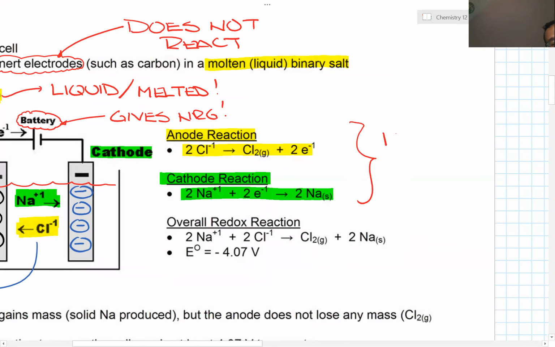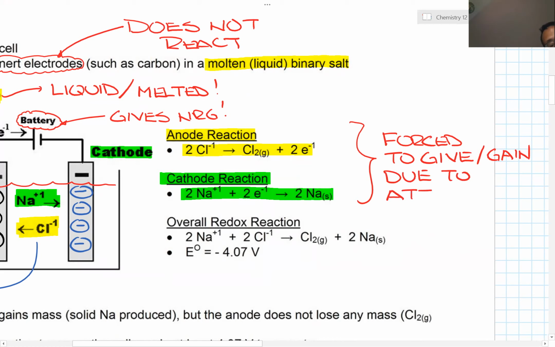They are forced to give up or gain electrons due to attraction.